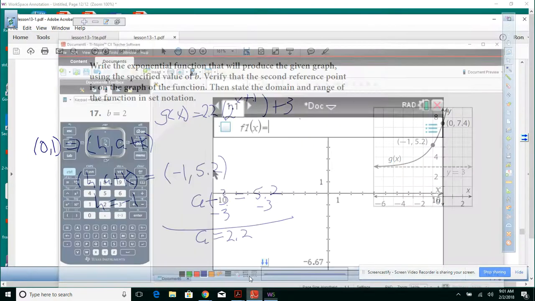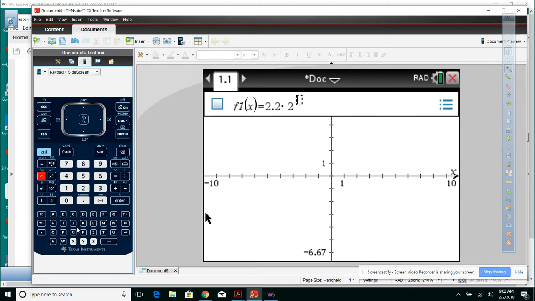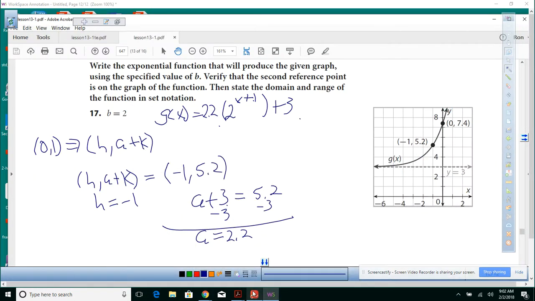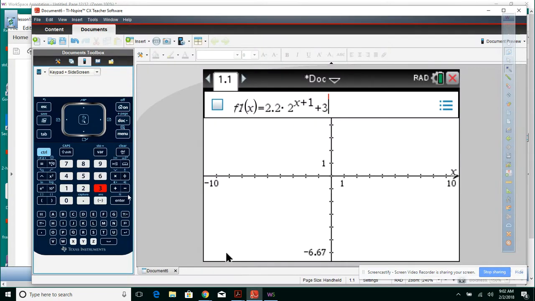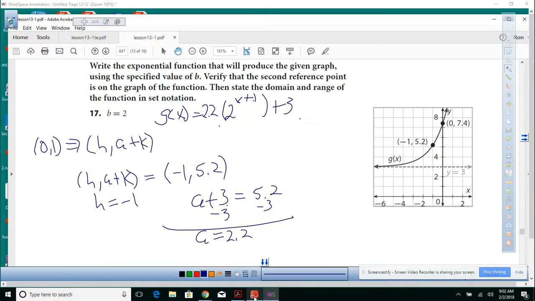We got 2.2 times 2 caret x plus 1, plus 3. Now let's look and see if that's what we got. 2.2. All right. And let's press enter. Does that kind of look like it? It kind of looks like it.